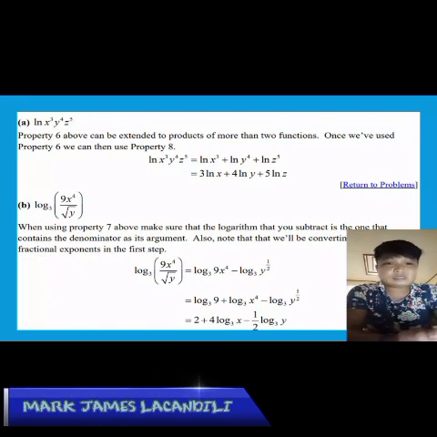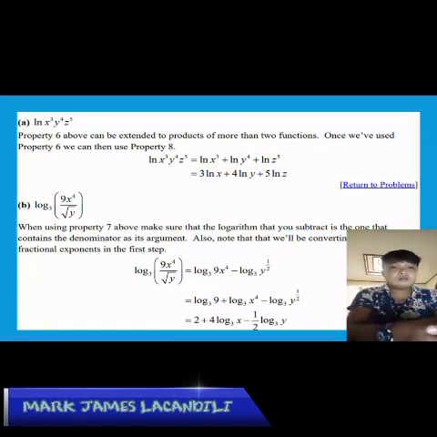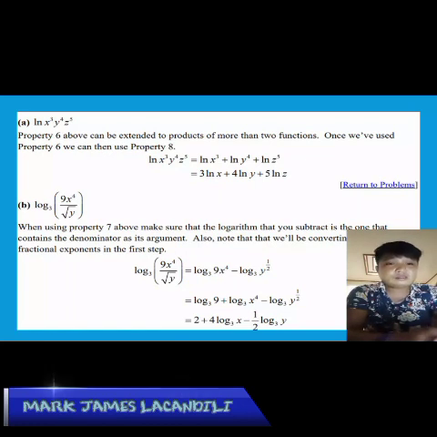When using property 7 above, make sure that the logarithm that you subtract is the one that contains the denominator as its argument. Also, note that we'll be converting the root to fractional exponents in the first step.